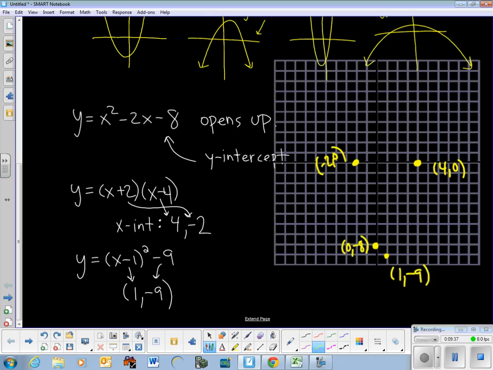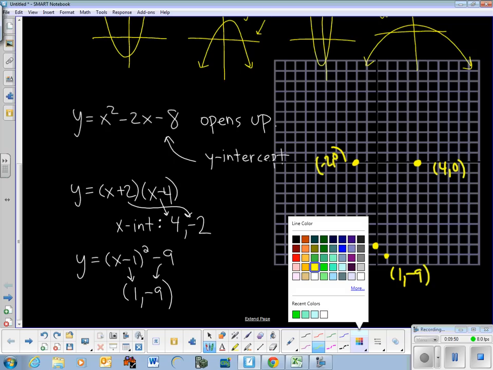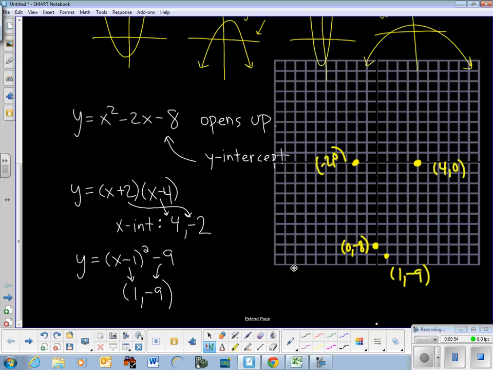And each form of the equation gave us a little bit more info, and we've kind of created a pretty decent outline. We know it's a U shape, we know it's going upward. Without actually getting more points, I can figure out a few more. What's called the axis of symmetry is a vertical line that goes through the vertex.